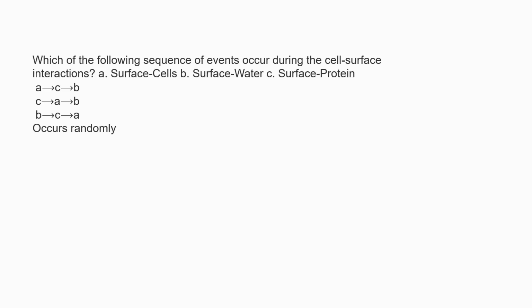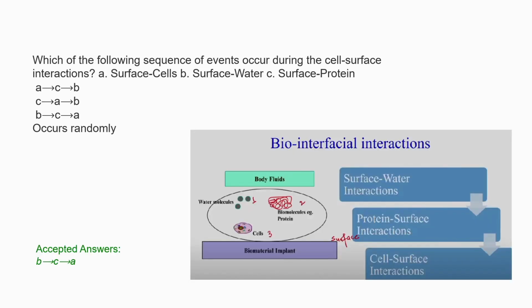Okay, so the answer would be option C, B, C, A. First, water will react, then protein, and then cell. As shown in the lecture as well, if this is the implant, first surface water interactions will happen, then protein surface interactions, and then cell surface interactions.